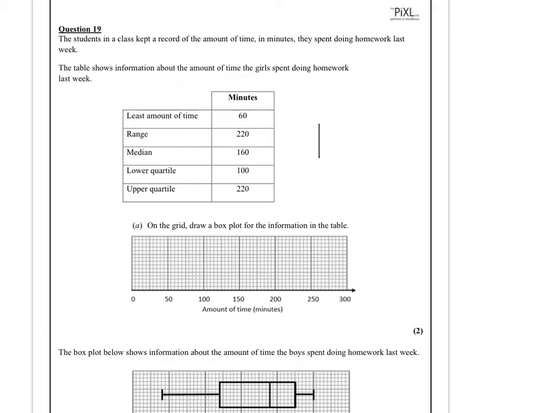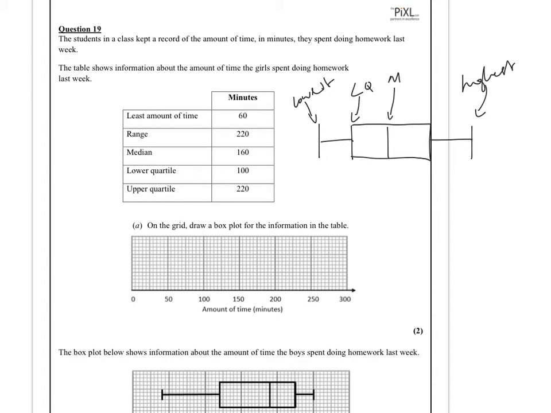Now for a box plot we need 5 pieces of information. So we need the lowest value, we need the highest value, we need the lower quartile, we need the median, and we need the upper quartile. And from this information we've got the least amount of time, the median, the lower quartile and the upper quartile, but we don't have the highest amount of time yet.